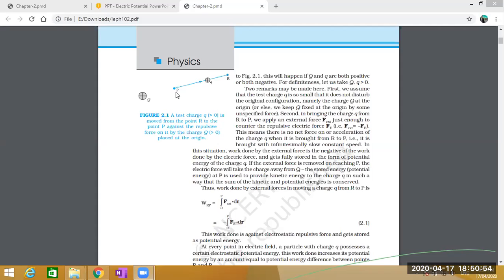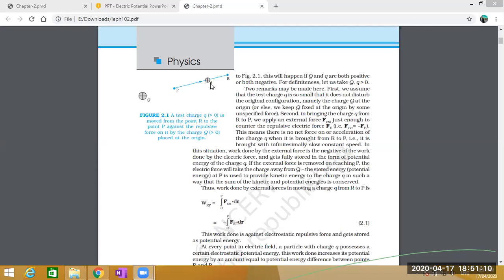It means that much work done in bringing the ball to a height, the same amount of energy will be transformed into kinetic energy after releasing. So the same case is here.